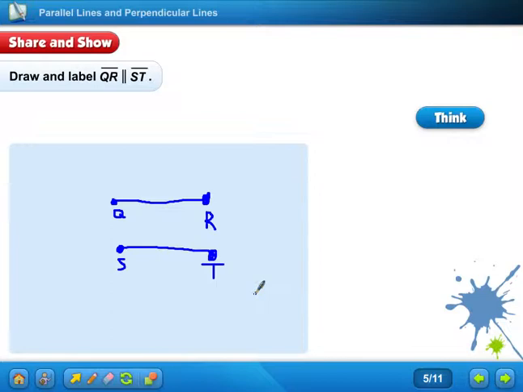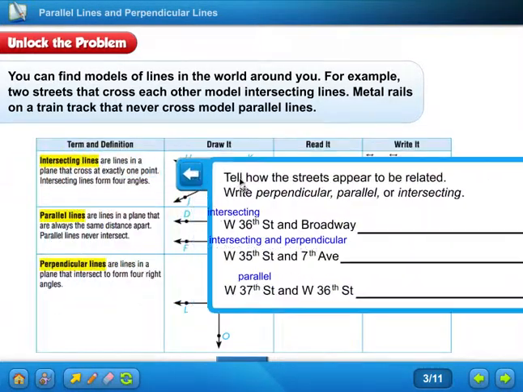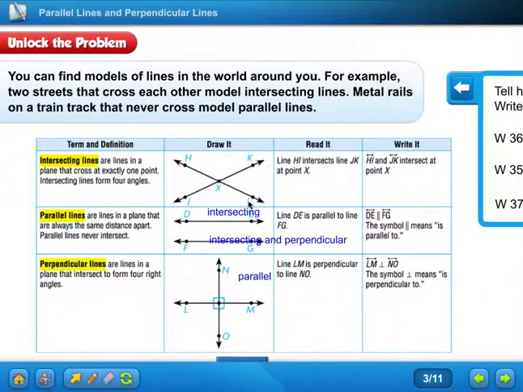All right, so I hope that helped you to learn all about our different types of lines. We had intersecting, we had perpendicular, and we had parallel lines. Let me slide these over so we can review really quick.